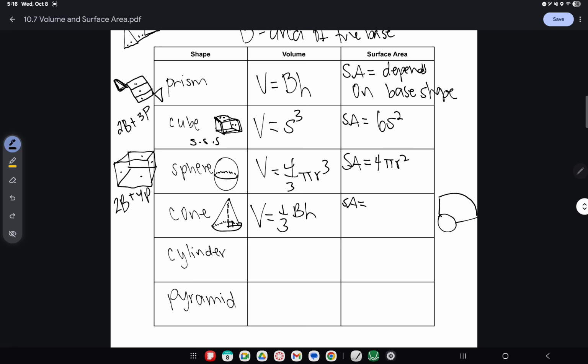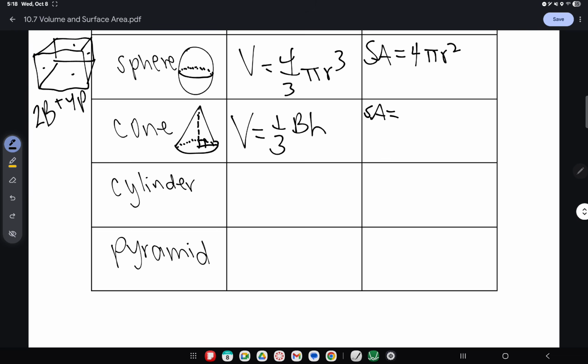I guess part of a circle, I could say. There's actually two ways we can look at the surface area of a cone. So we need what's called the slant height. So I'm going to say S for slant height. So we could say that the surface area of the cone is pi r squared plus pi r s for slant height.